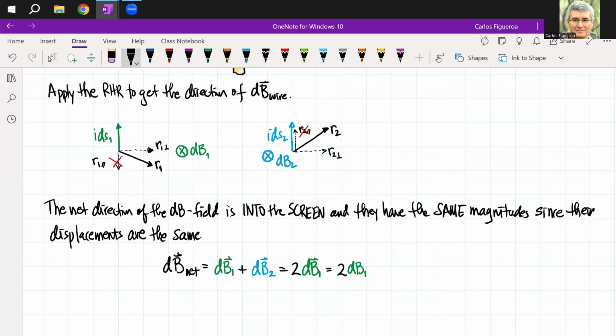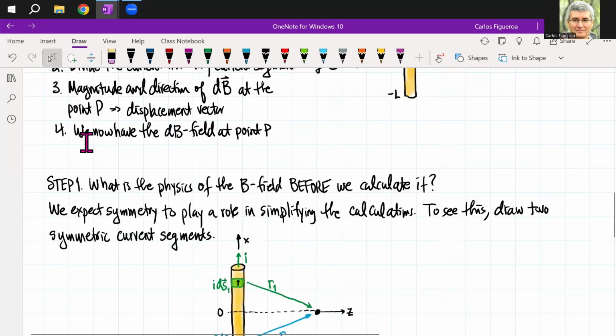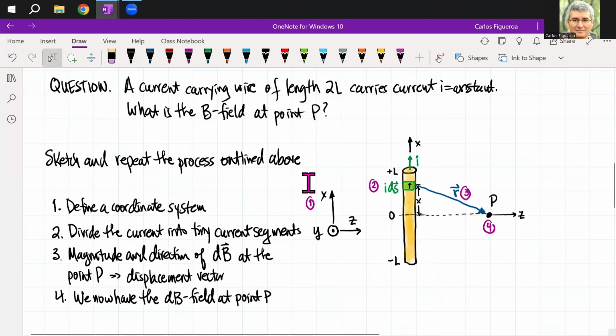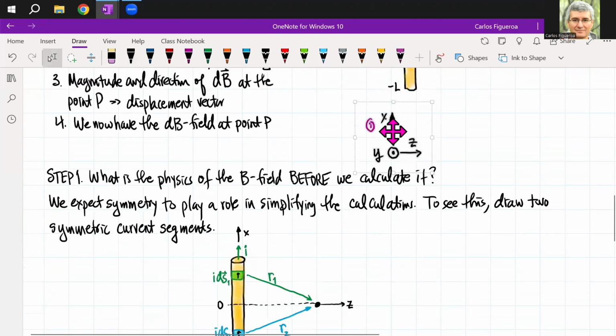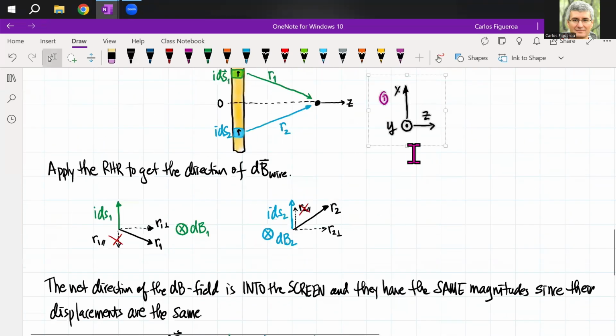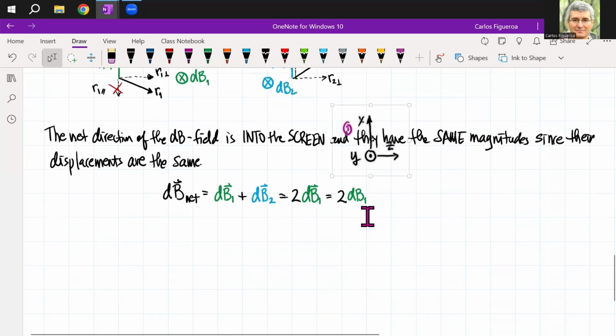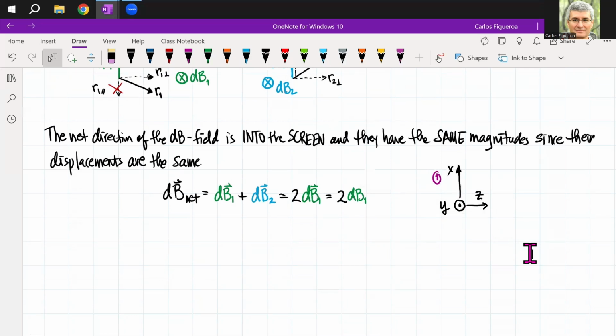And according to our sign convention, remember what our sign convention is. It is this guy right here. So if I bring this down here, you'll see that the sign convention tells me that if it's pointing into the screen and this is the positive y direction, this must be in the negative y direction.